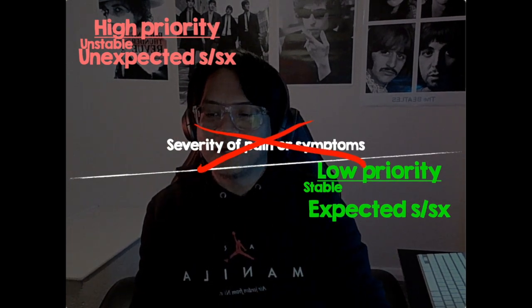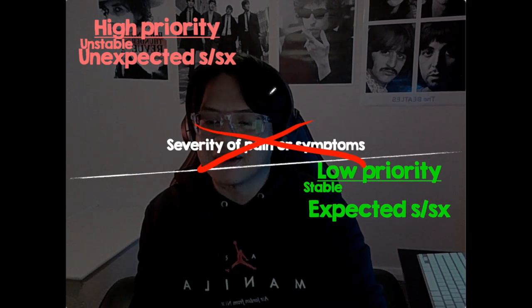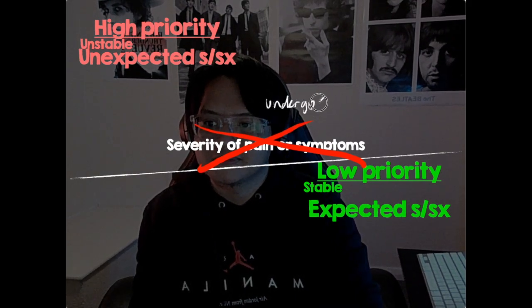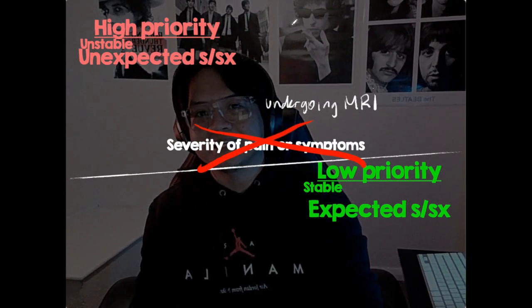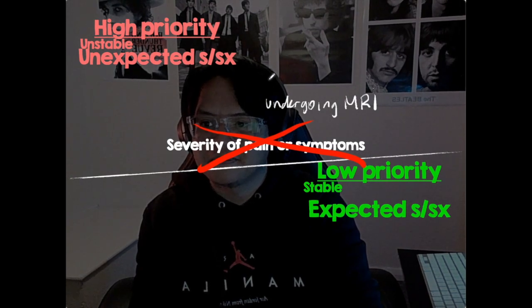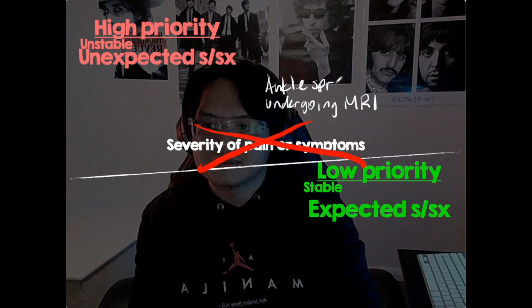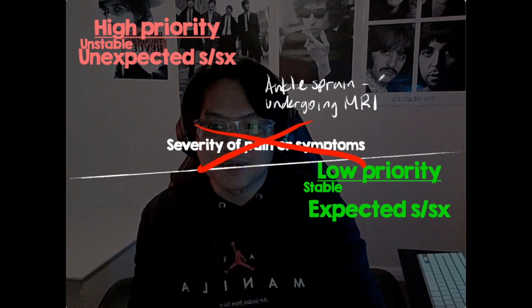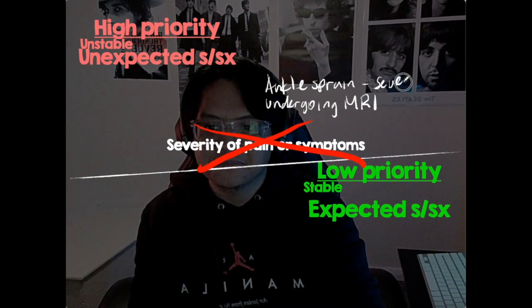For example, you have a patient who is undergoing MRI. And the other patient is a patient with ankle sprain. And the patient with ankle sprain is complaining of severe pain.